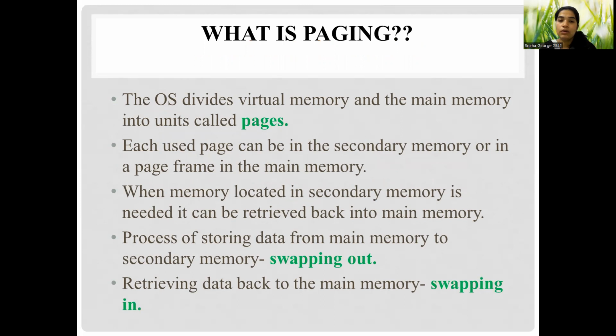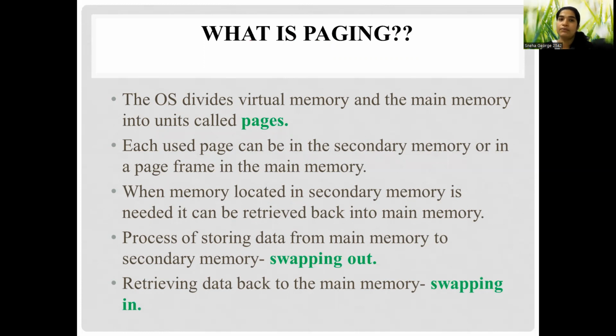What happens in paging is that when a CPU wants to execute a particular page, the CPU will search for this page in the main memory. Now, if the page is not found in the main memory, then that case is called a page fault.